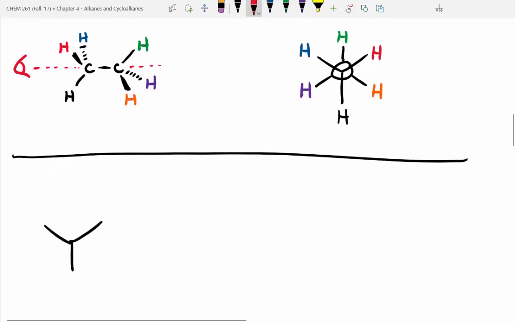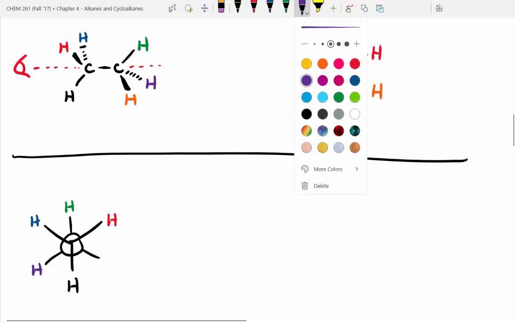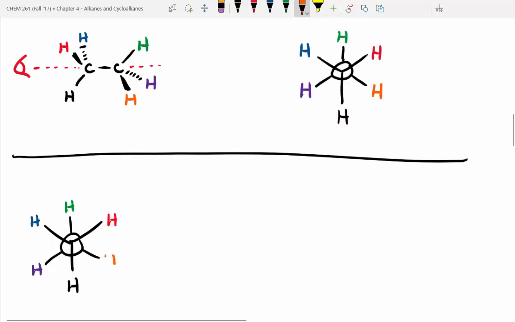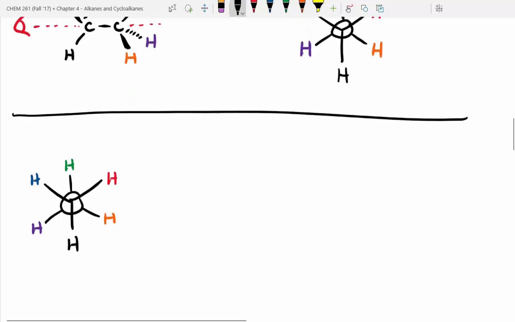So we said we've got a red proton here, we've got a blue proton over here, we've got a black proton going down, and then in the back, we said we have that green proton up, so I'll fill that in. We've got an orange proton to the lower right, and then purple down there. So I've just redrawn the whole molecule again.